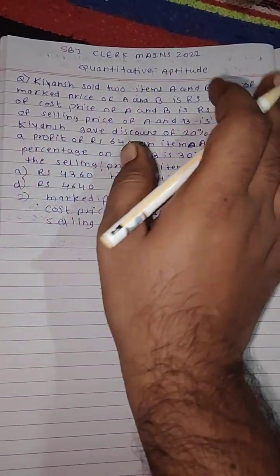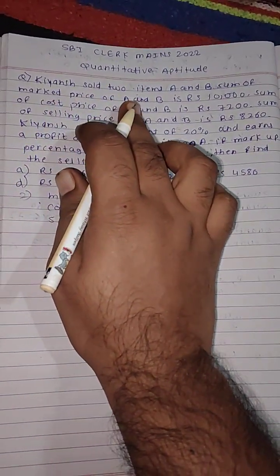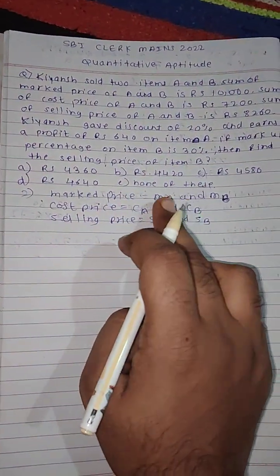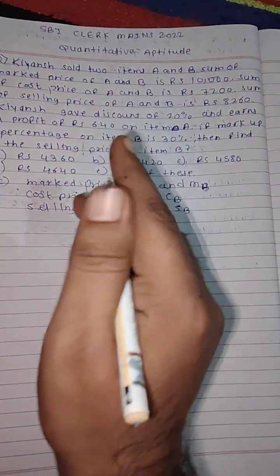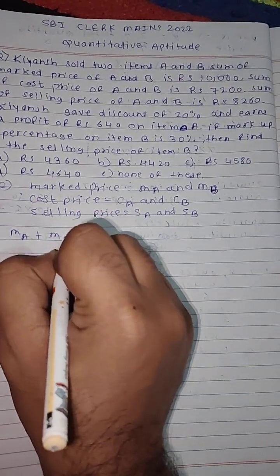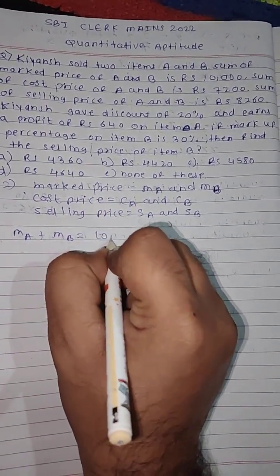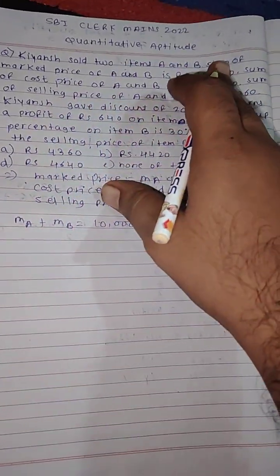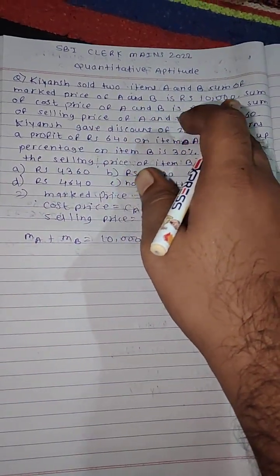Now we will note it down. The market price of A and B is rupees 10,000, so MA plus MB is 10,000. In the question they have given that the sum of market price of A and B is 10,000.